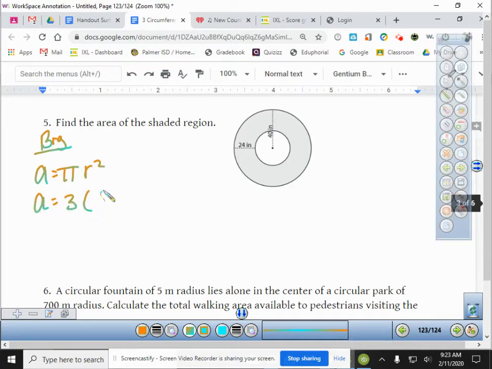What's the radius of the big one? 40. It says right here, from here to here is 40. What is 40 squared? 1,600. And then multiplied out, it gives 4,800.